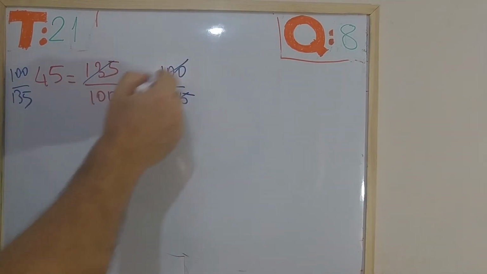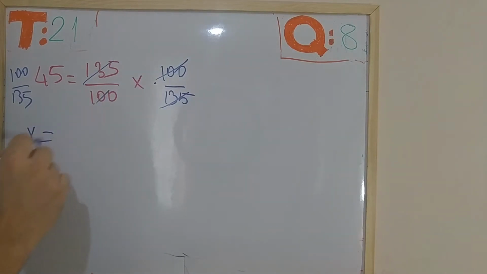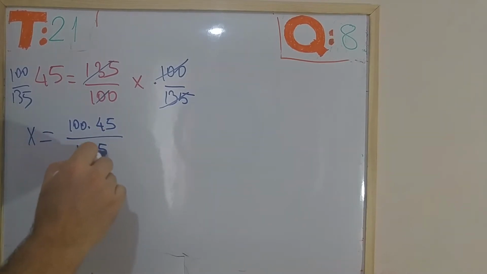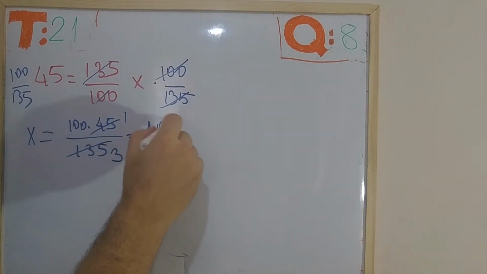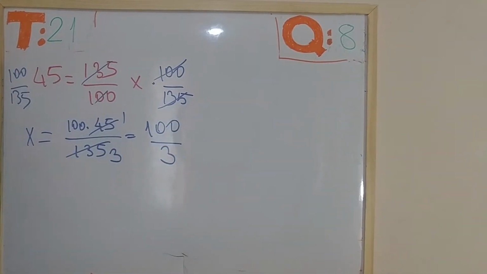So these cancel out, and I have x is equal to 100 times 45 divided by 135. These two cancel each other out. 1 left here, and 135 is equal to 3 times 45. So what I have is 100 divided by 3.